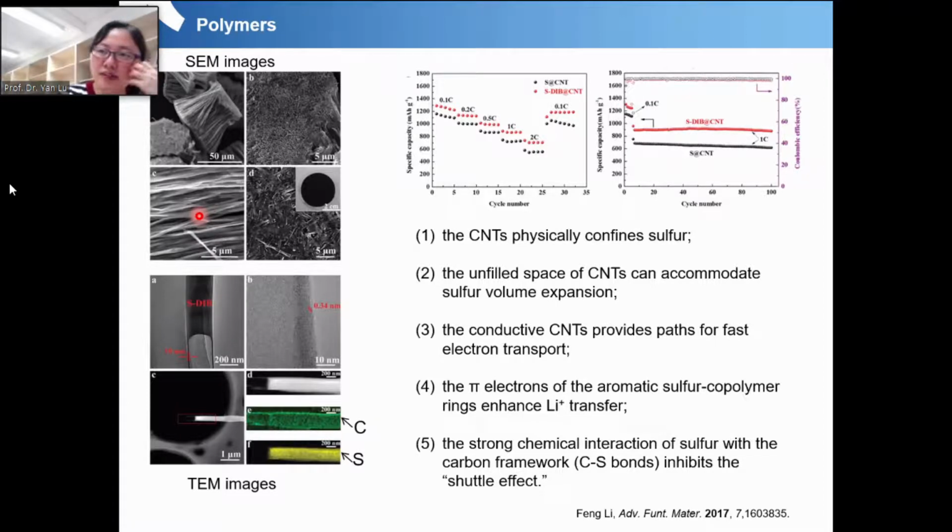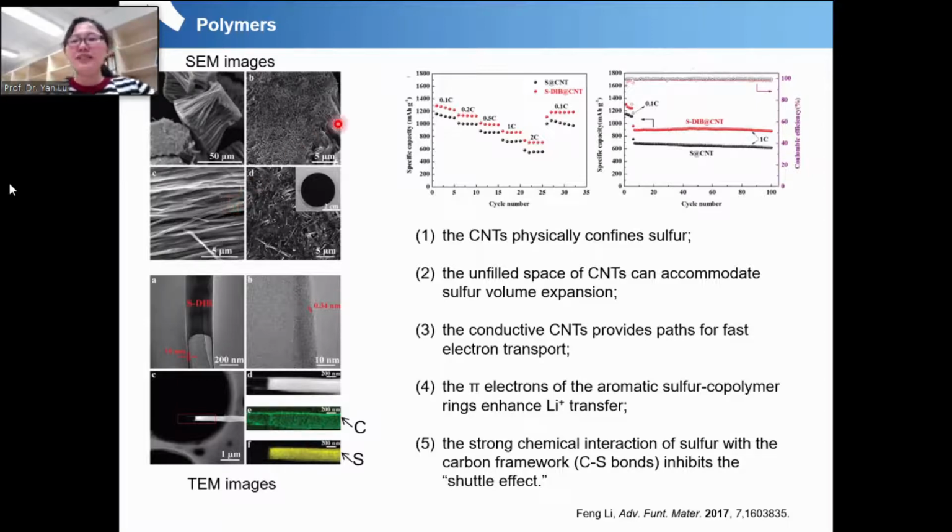When we talk about battery applications, if you can synthesize such a channel structure, they believe it will be very favorable for ion diffusion and transportation. That's the idea behind why this group uses AAO as the template, so they can really promote the lithium transfer.